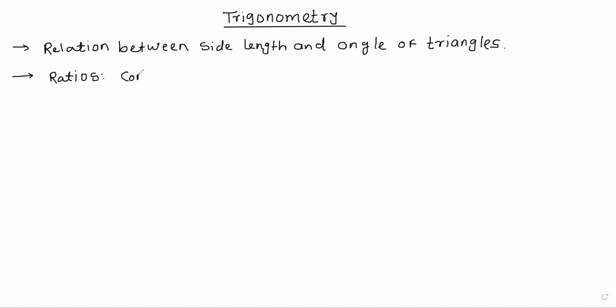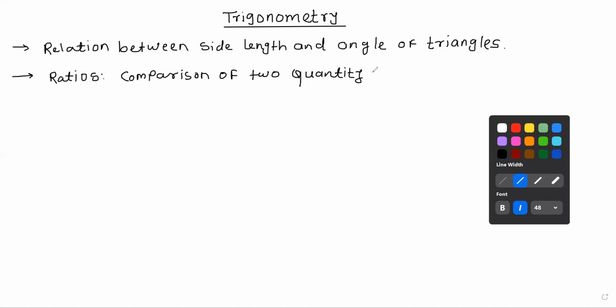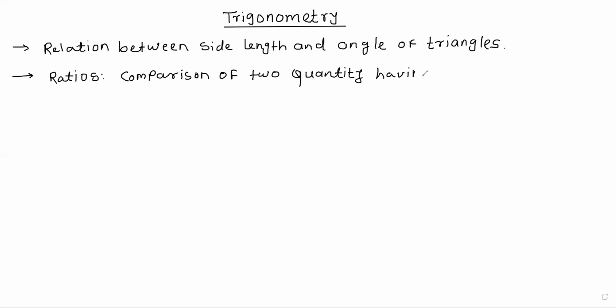As a basic definition, a ratio is nothing but a comparison of two quantities having the same unit. For example, we can compare 4 centimeter is to 7 centimeter.